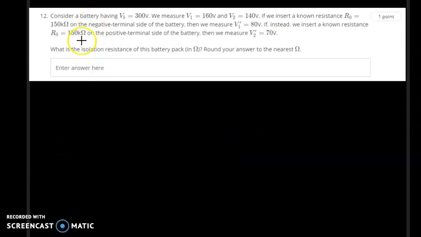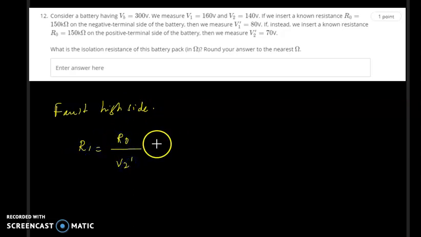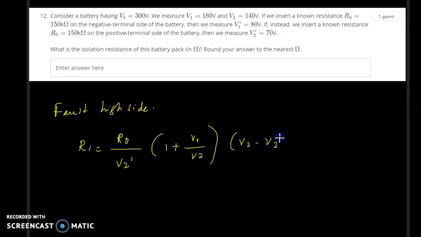In this question, if you read through it, you can find that the fault is on the high side. If the fault is on the high side, then the expression for the isolation resistance is R naught divided by V2 dash, times (1 plus V1 by V2), minus V2 dash.